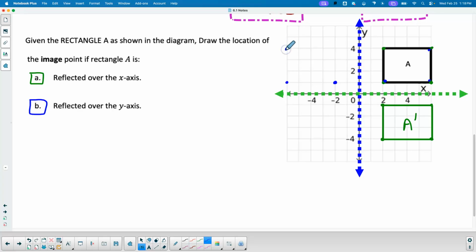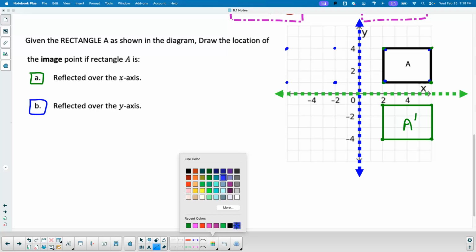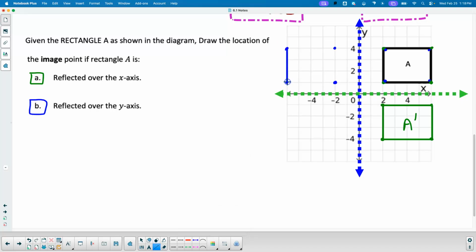Six left, 2 left. So there now would be my rectangle.